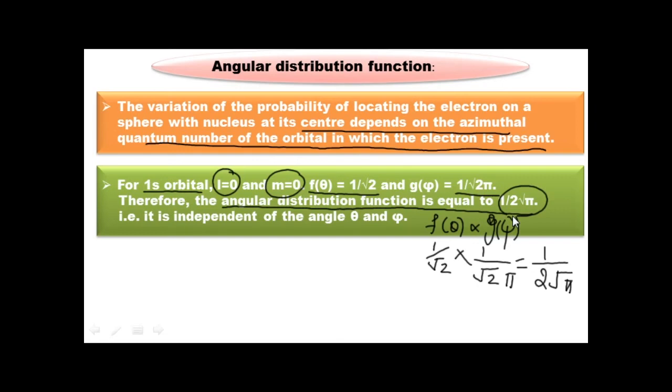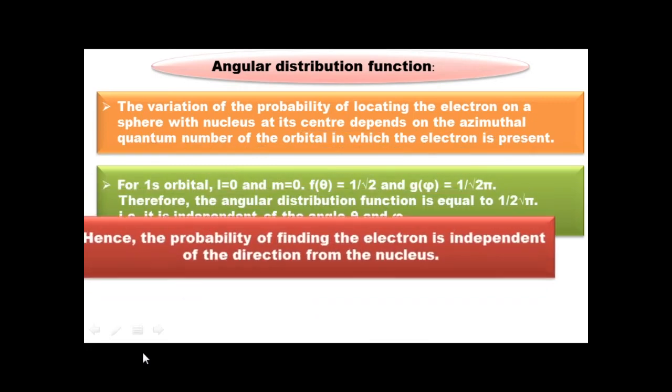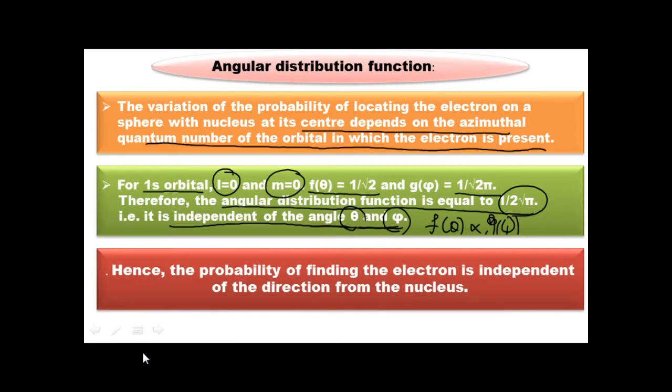It is not depending upon the angle. This is independent of the angles theta and phi. So the shape does not depend upon the theta and phi values. So the probability of finding the electron is independent of the direction from the nucleus.